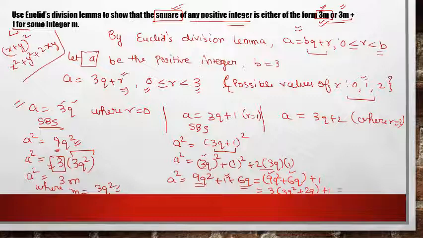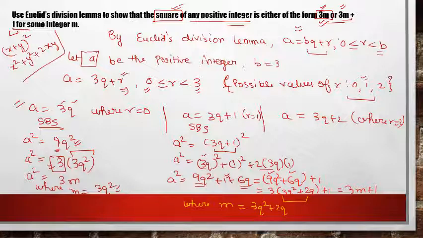And now you can say this is 3m plus 1, where m is what? Where m is this whole thing, 3q square plus 2q. Okay.